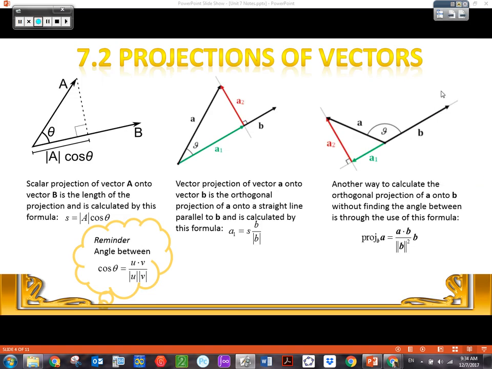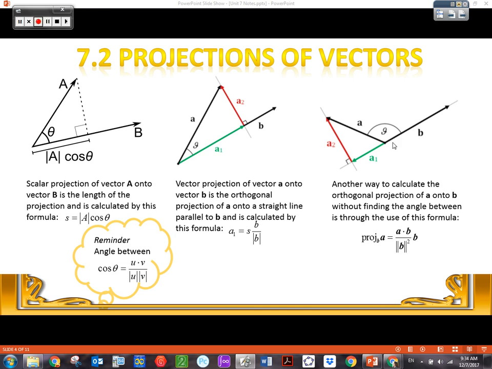So let's look at this example right here. When I was talking to you about a shadow projecting a vector onto another vector, see how these vectors are going the same way? That's not the only way you can project. You can also project, let's think about it as backwards.